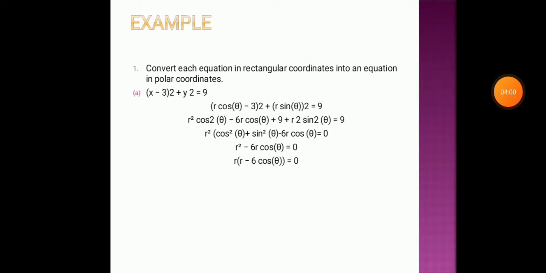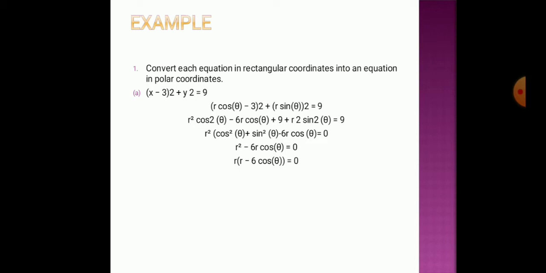One strategy to convert an equation from rectangular to polar coordinates is to replace every occurrence of x with r cosine theta and every occurrence of y with r sine theta, and use identities to simplify. This technique will be used in this example.